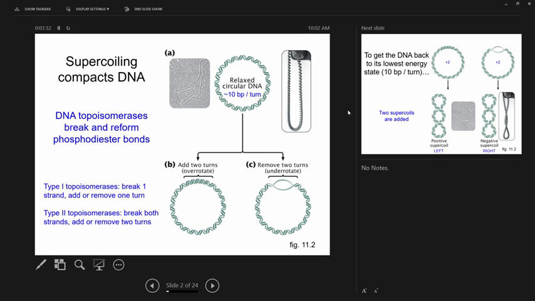We're just going to say 10 here to show that. So B-DNA is 10, A-DNA is 11, and what's in cells is about 10 and a half. So that means if this DNA has 360 bases, there will be 36 full turns around the helix, 1 turn for every 10 bases.